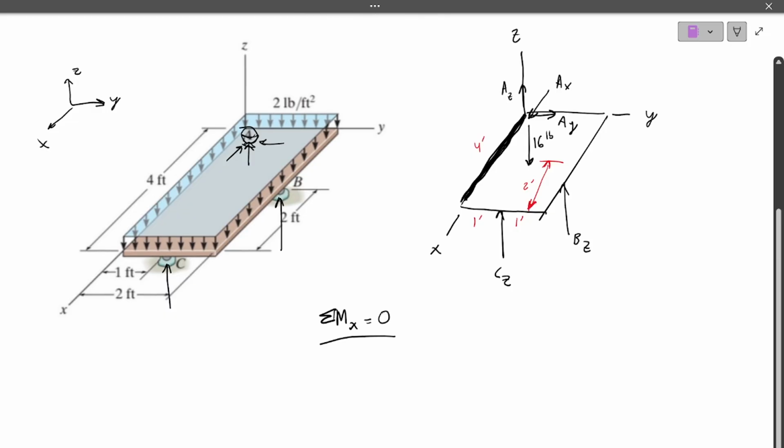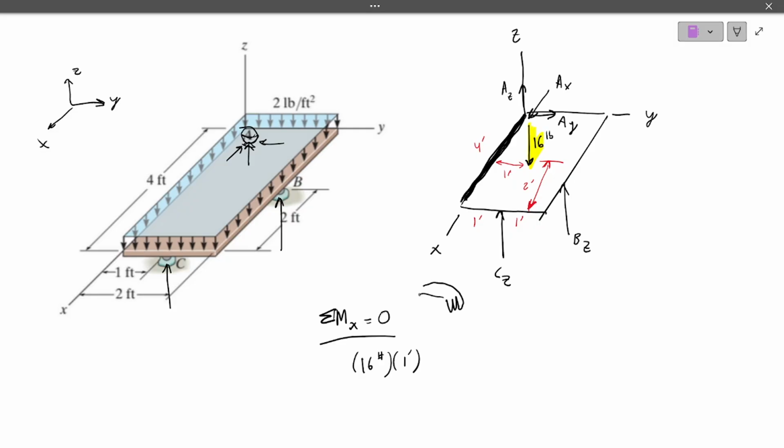So the first one, let's try looking at this 16 pounds and the distance towards that axis, which will be 1 foot. So we have 16 pounds times 1 foot. And we need to know the direction of this. So using the right hand rule, I'm going to curl my hand this way, so my fingers are in the same direction as this arrow pointing down. My thumb is pointing in the negative x direction.